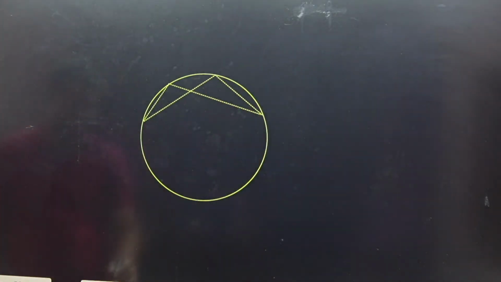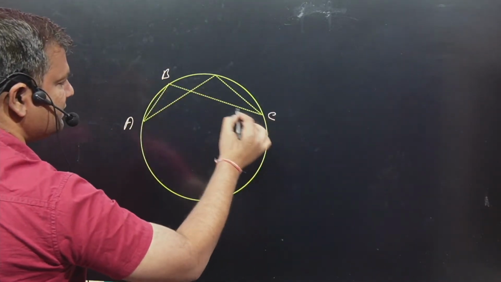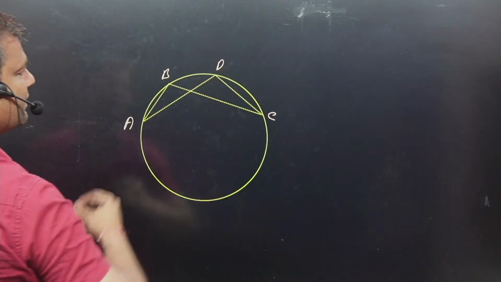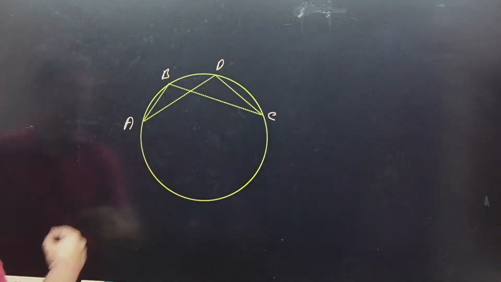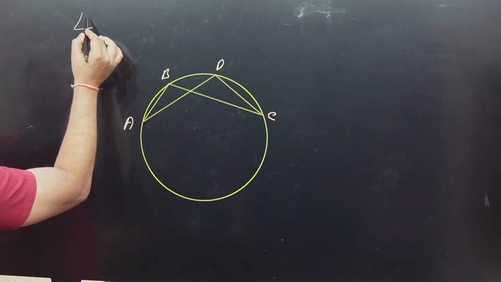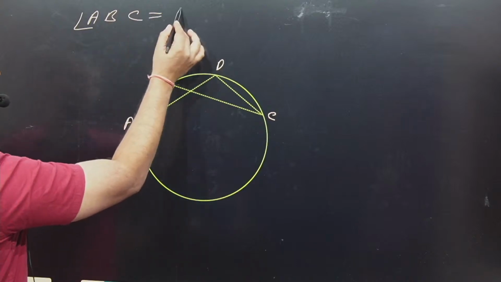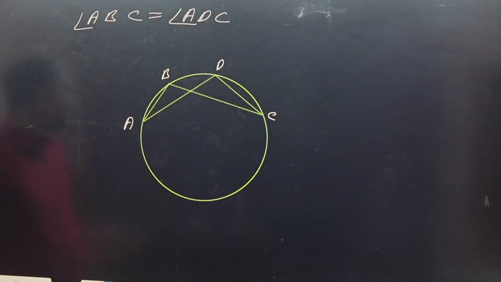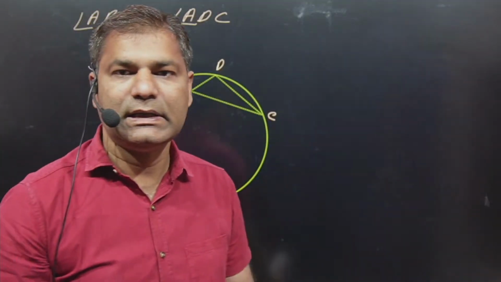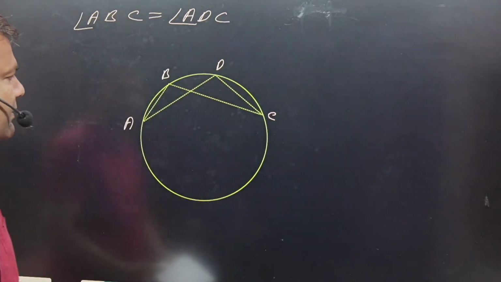So here A, B, here C, and here D. A and C are on the same segment. So how can we prove angle ABC will be equal to angle ADC? Our target is to prove these two angles are the same.